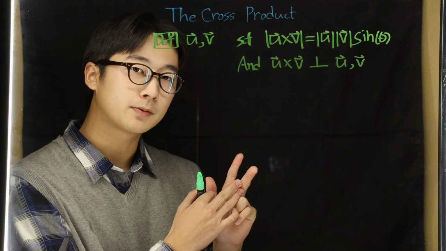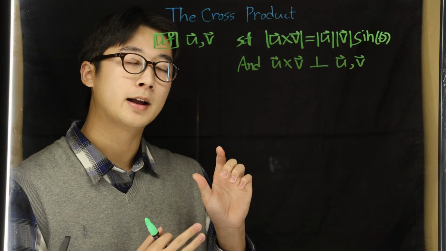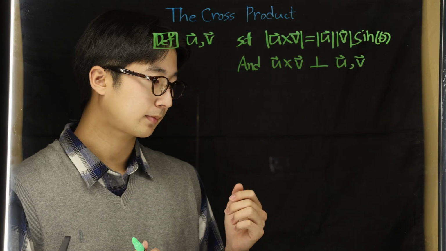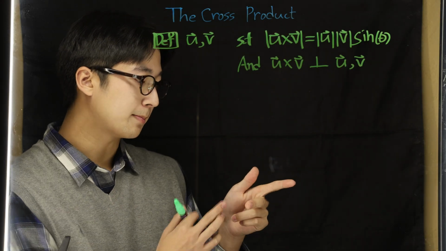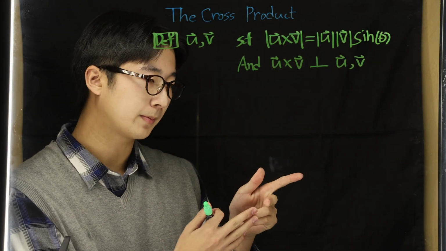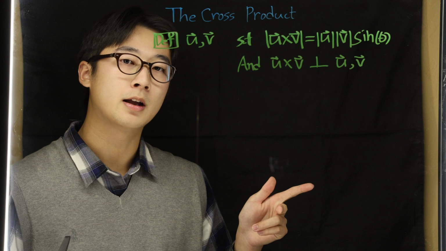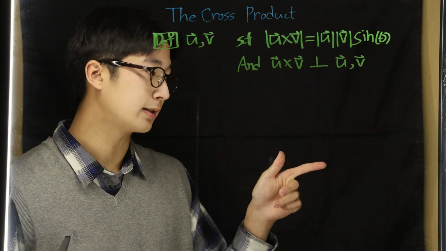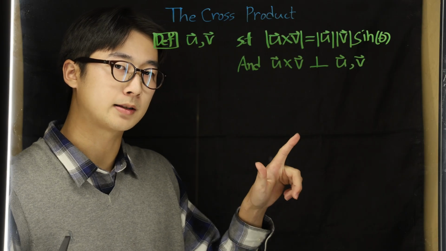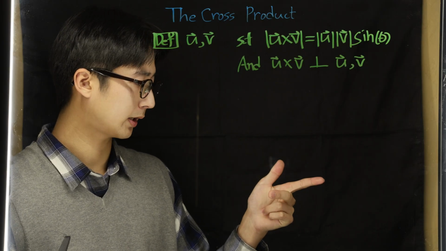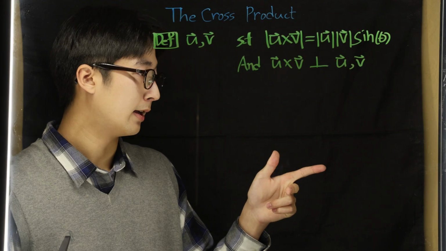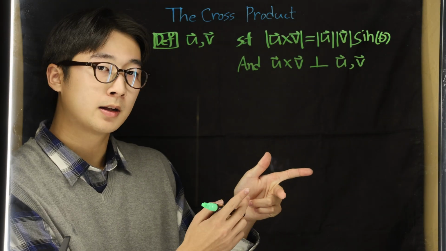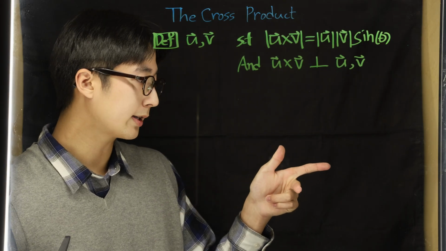And my middle finger, let's say the vector v points toward the camera, the screen, so my middle finger points in the same direction as the vector v. I'm not sure if you can see my fingers visually, but my pointer finger goes here and my middle finger points toward the screen.